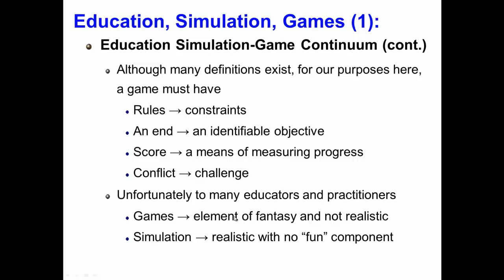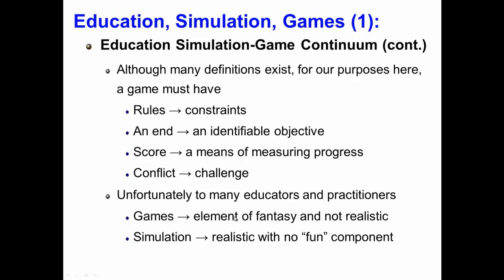For our purposes here, a game must have the following: rules or constraints, an end, in other words an identifiable objective, a score, in other words a means of measuring progress, and it must have some form of conflict or challenge. A simulation, however, does not necessarily have to conform to all of these four characteristics, whereas a game, for our purposes, does.